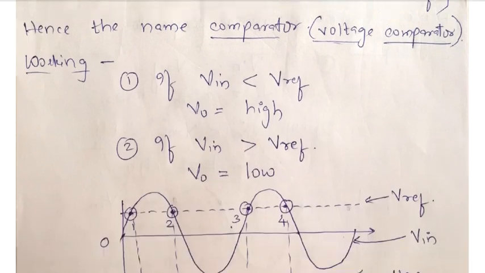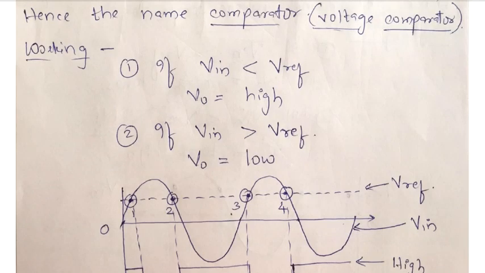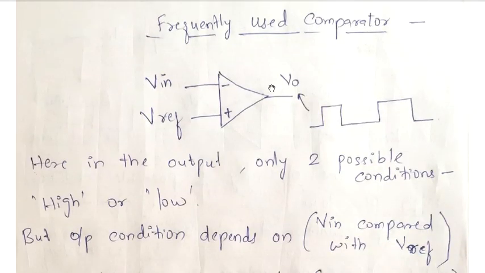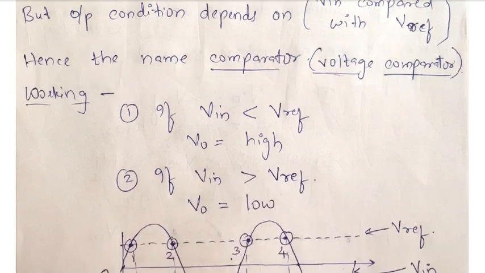Okay, now how about the working of this circuit? Working in the sense, of course, I won't be going much in depth of the working, but these two things you need to know. That is, in the first equation you check whether V input is less than V reference. So if V input is less than V reference, where is it? It's here. So if V input is less than V reference, then output voltage is high.